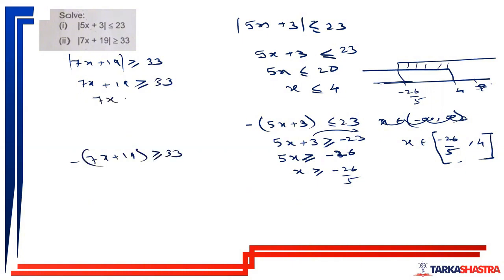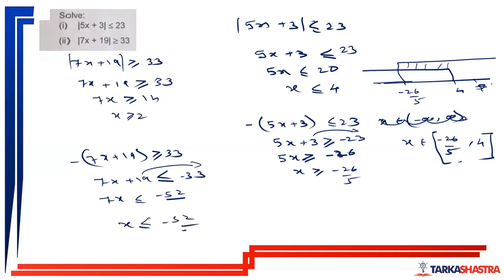This gives me 7x greater than or equal to 14, which gives me x greater than or equal to 2. Then we have 7x plus 19, and this becomes minus 33. What we have done is multiplied both sides by minus 1. With this, the inequality will change its nature. So 7x less than or equal to minus 52, so if 19 goes here, x will be minus 52 by 7.